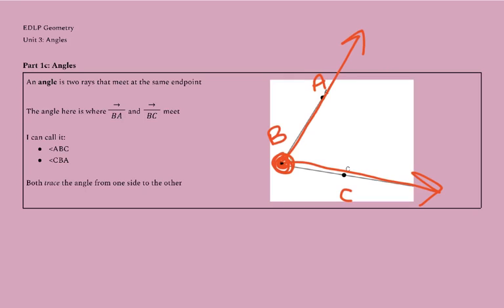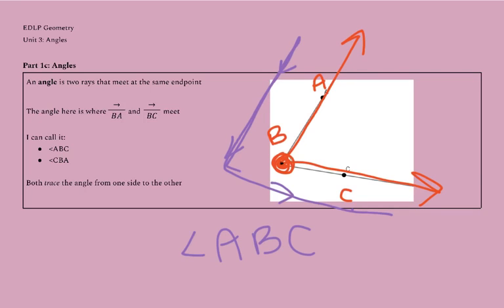The gist of how to do so is you want it to trace the shape. So I have to go down and over. That works. Well, if I start from here, I hit A first, then B, and then as I go over this way, C. A, B, C traces the angle.